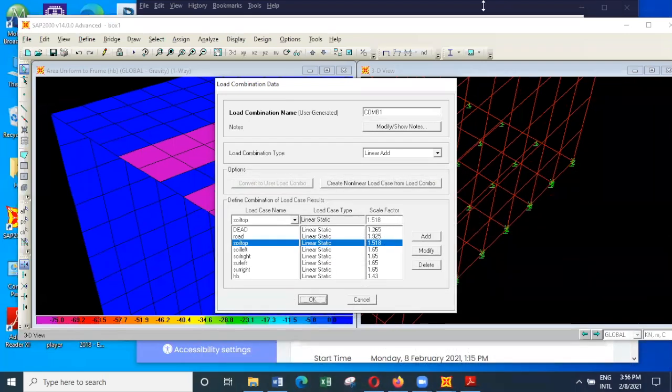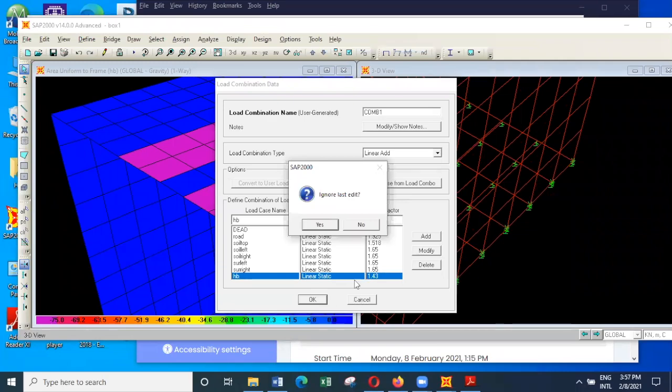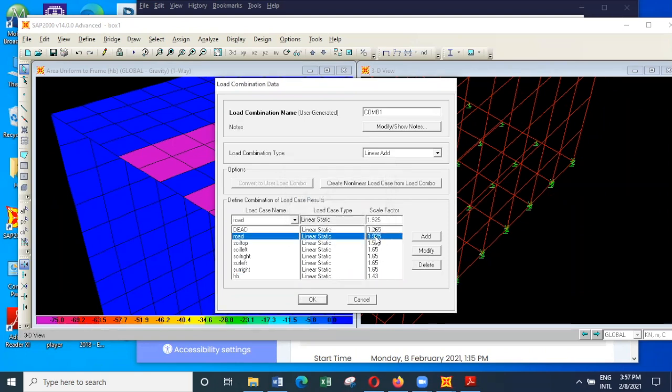So you can see the factors are 1.65, and for HB loading, the factor is 1.3, and we have to multiply it by 1.1, you get 1.43. So this gives the maximum on everything. So we get 2.21.